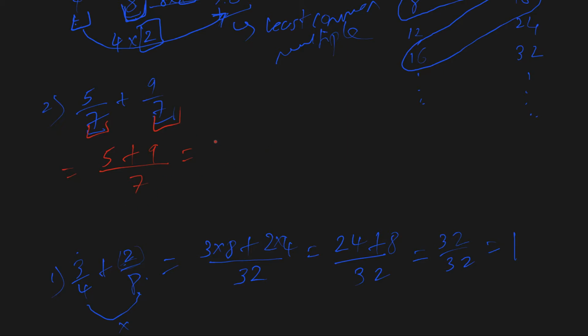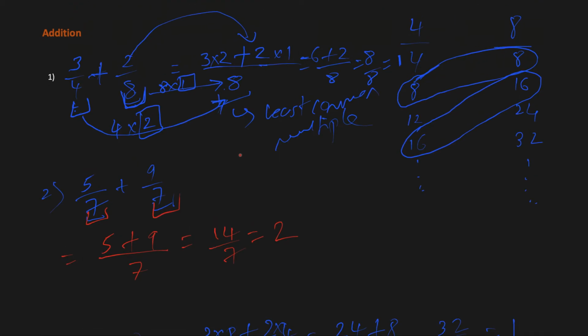This would be nothing but 5 plus 9 is 14 over 7, and 14 over 7 is nothing but 2. So when the denominator is the same, it just becomes a lot easier. We just use the denominator and add the numerators as is. And that's how you do addition for any given fraction.